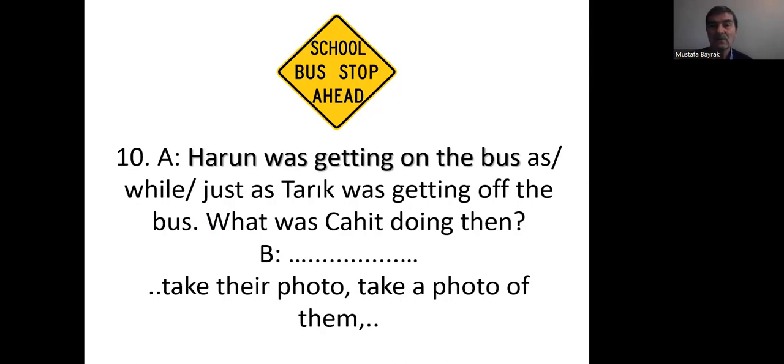What was Cahit doing then? Cahit was taking their photo. Just as Tarık was getting off the bus, Cahit was taking their photo, or Cahit was taking a photo of them, of Harun and Tarık.